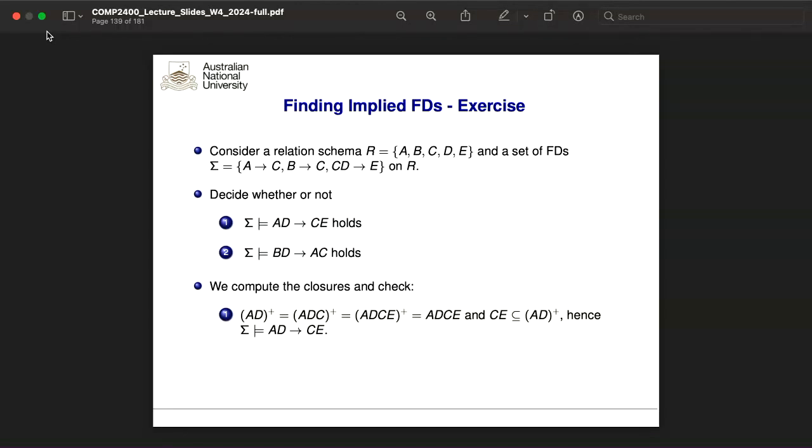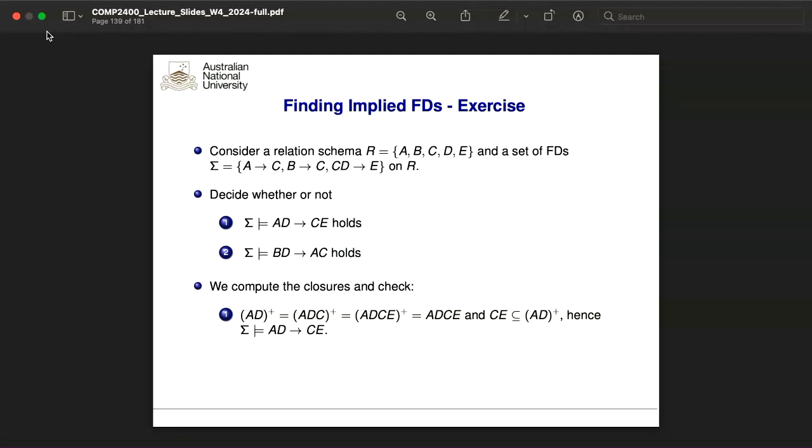Then, because A determines C, we add the C. Then we have ADC. Then because C and D together determine E, we can add the E. We do it again, we cannot go further. Then we get the closure of AD, that's ADCE.